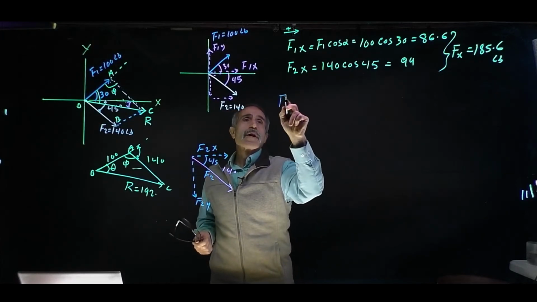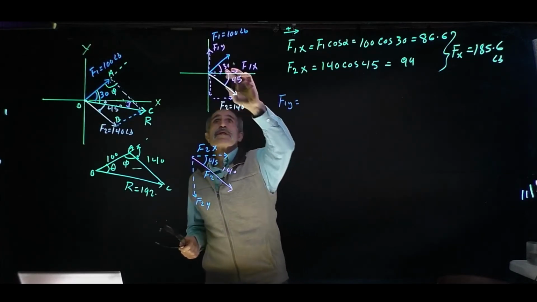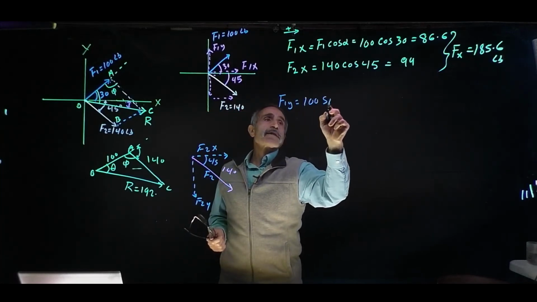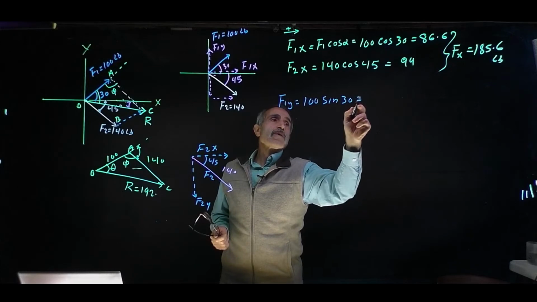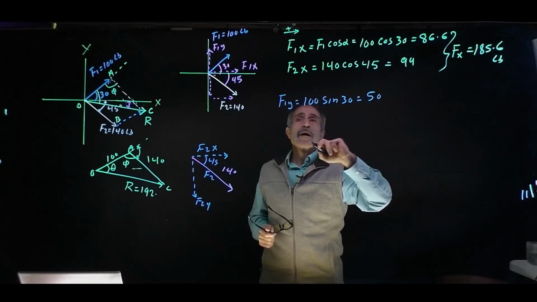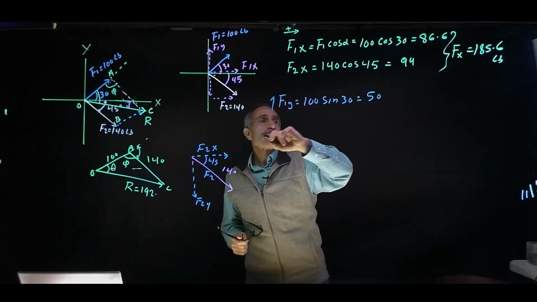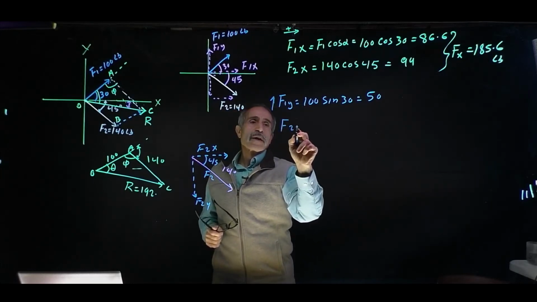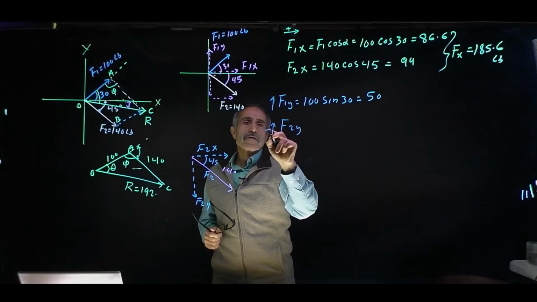We're going to do the same thing for the y. So F1y is equal to this one right here, it is 100 times sine of 30, which comes out to 50 pound, and going up is positive, so that's plus 50. The next one is F2y, again going up is positive.